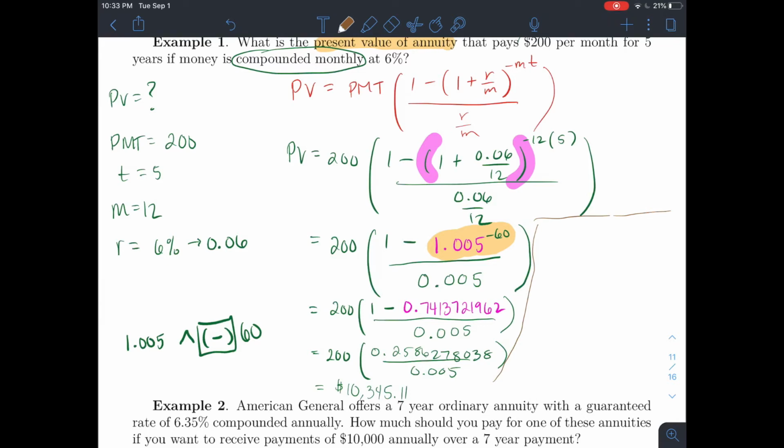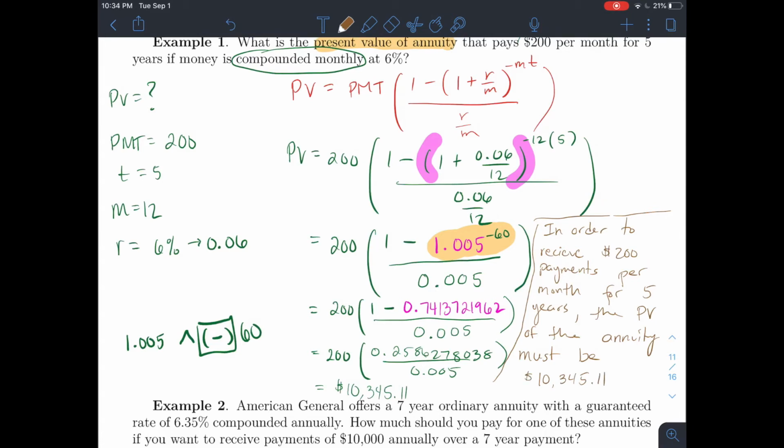So we'll say, in order to receive $200 payments per month for 5 years, the PV, the present value of the annuity, must be $10,345.11.